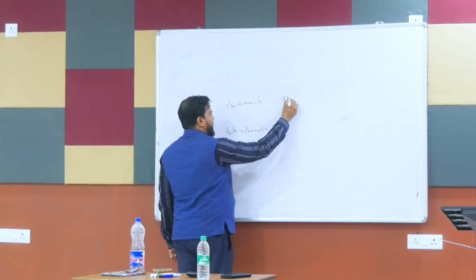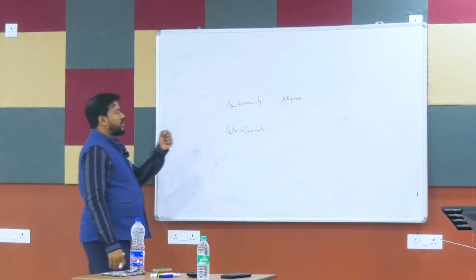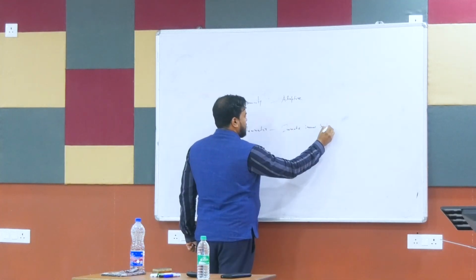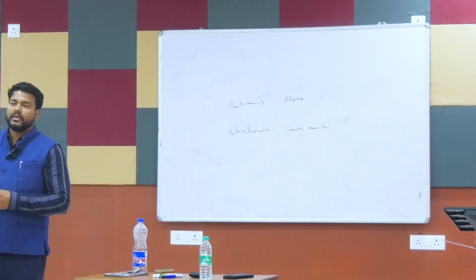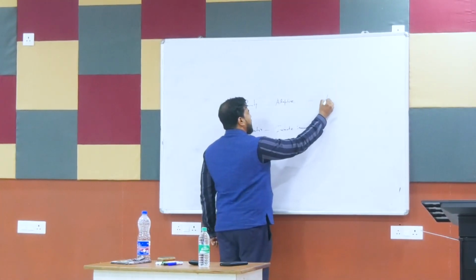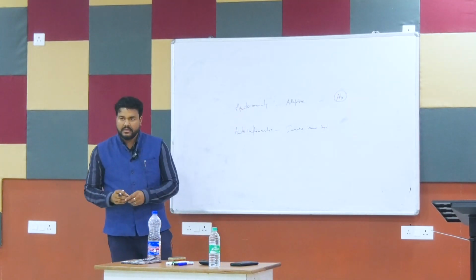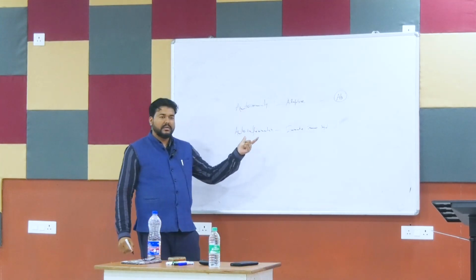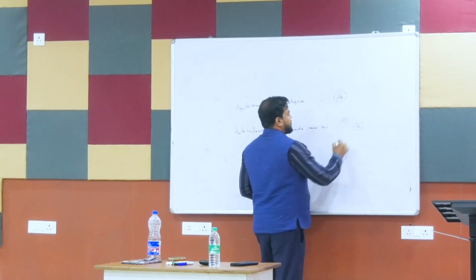Abnormality of the adaptive immune system results in autoimmunity, and abnormality of the innate immune system is called autoinflammatory disease. Autoimmunity is mainly antibody mediated disease, and autoinflammation is cell mediated.